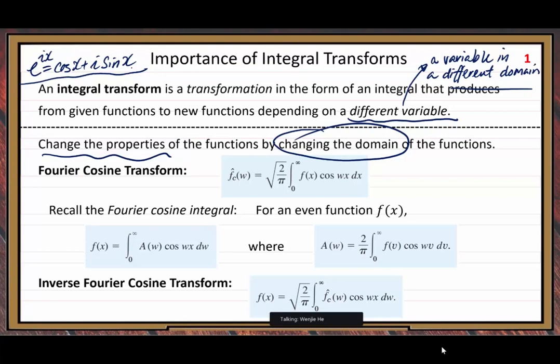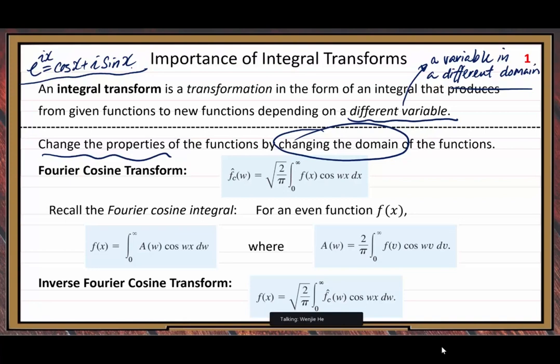That means for one function, little f, you do the transform to a different domain. Then you do this inverse transform and you recover the same original function. Exactly the same function.